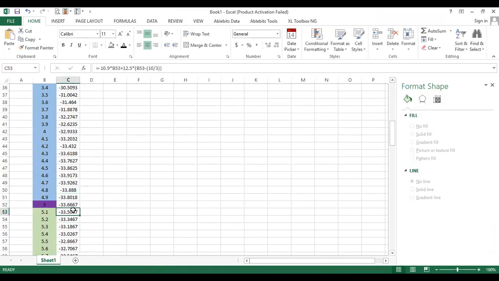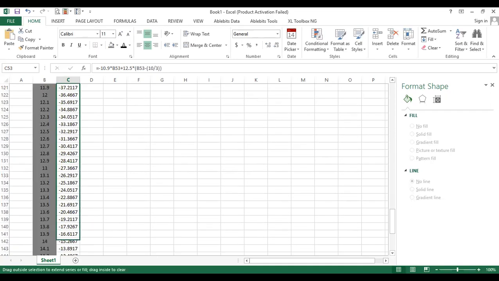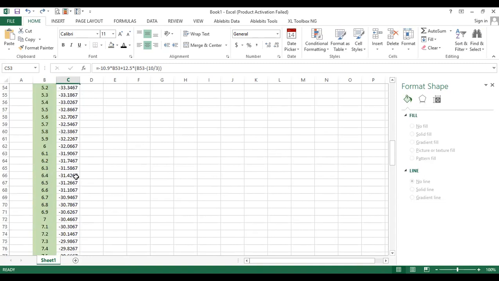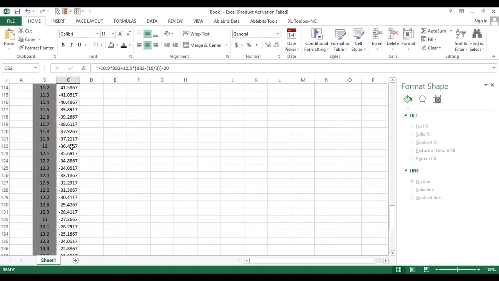From 5 you have another equation, 10 to the power x into, so x is this cell. I have formulated it using Excel, because this equation is valid until x equals 8. Then you have another equation. You can formulate and calculate these values.